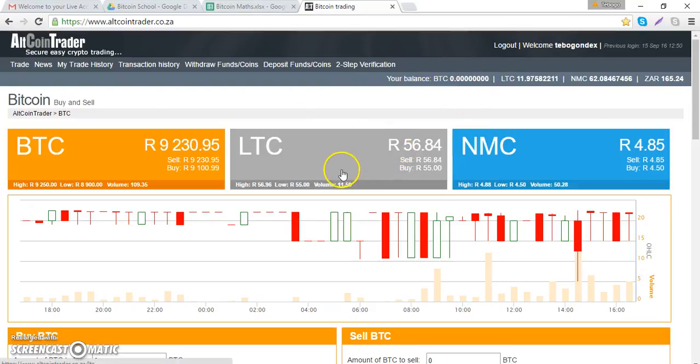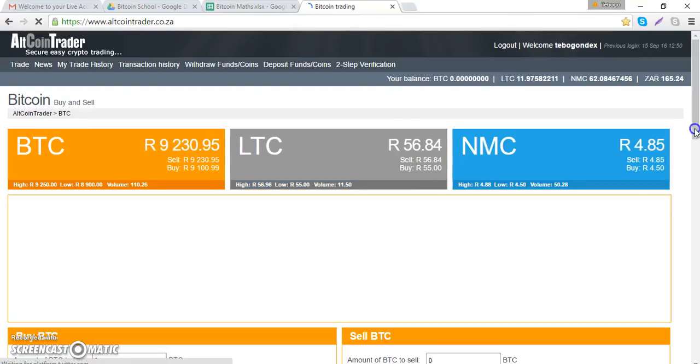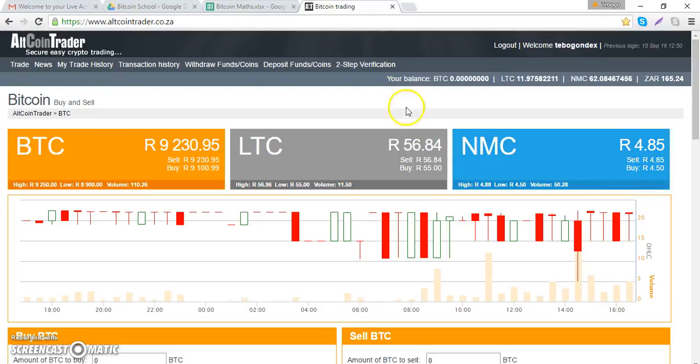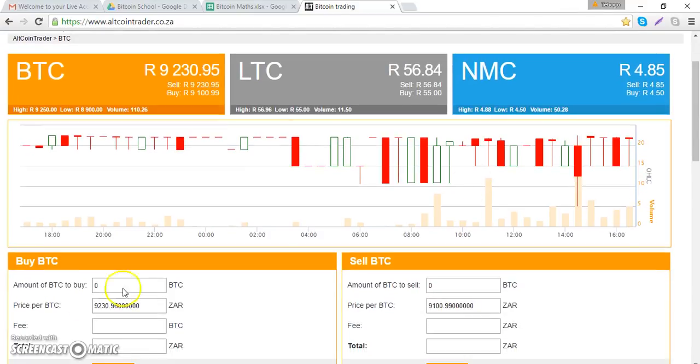Now the question is, how do you buy Bitcoins? I'll refer you to your mates again. For you to buy Bitcoins, you can just go trade, and then you click on BTC. It will give you those 2 options, you've got your buy Bitcoin, you've got your sell BTC.